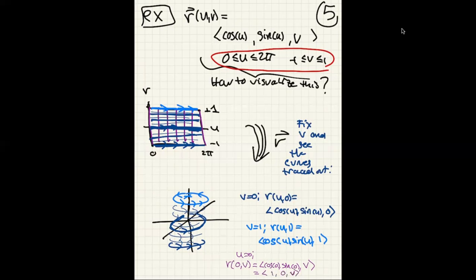This is a line segment starting here and running vertically. And in fact, all of these vertical purple lines in the UV plane will get mapped to these vertical things up here. You see we're starting to trace out a cylinder. Indeed, this is a cylinder of radius 1 between -1 and 1. That's the object that we get.